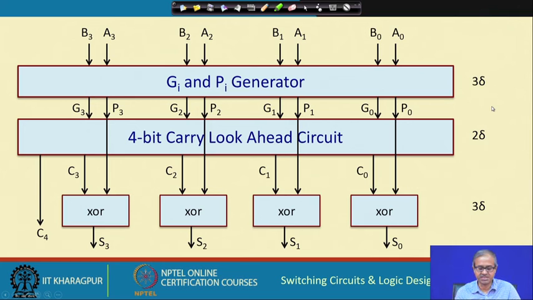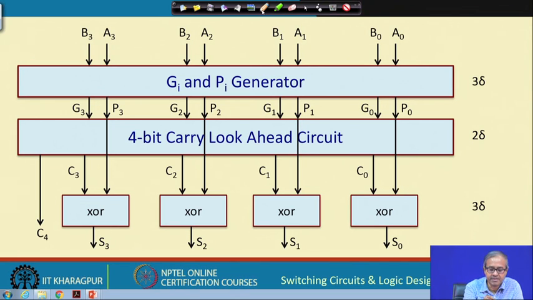So, the overall picture looks like this. This is a 4-bit carry look-ahead adder scheme. The 4 bits of the 2 numbers A and B are fed to the Gi and Pi generator.